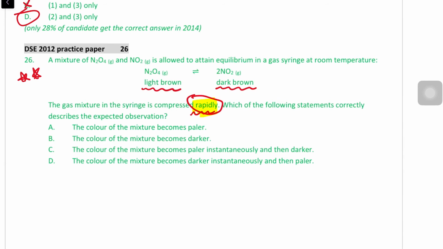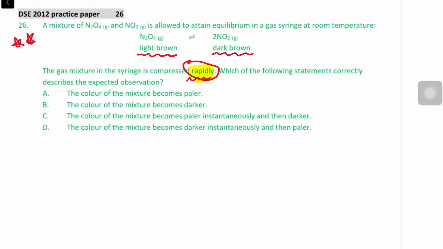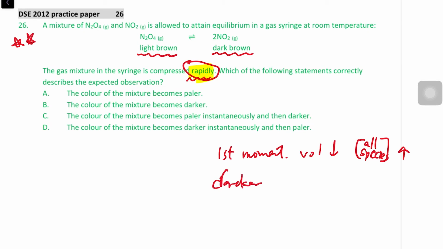Now, I don't care about what the equilibrium shift will be first, okay? If you compare rapidly, that means at the first moment, the volume will decrease, or you can say the concentration for all species will increase. So the color intensity will be darker first, because the equilibrium is still not established, but at first sight the mixture becomes darker.